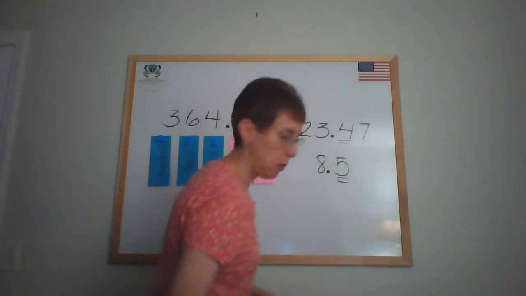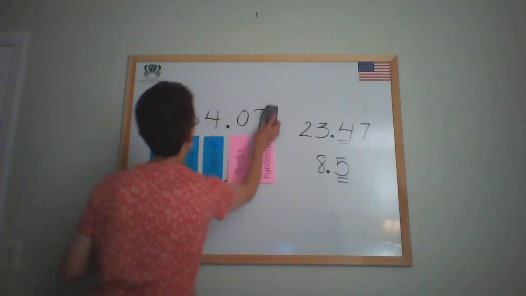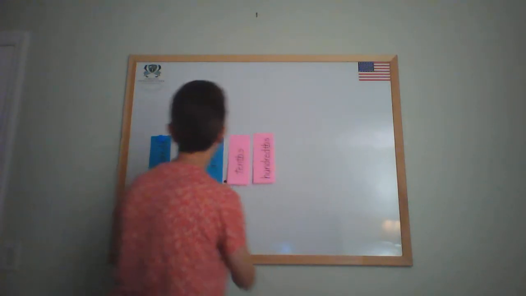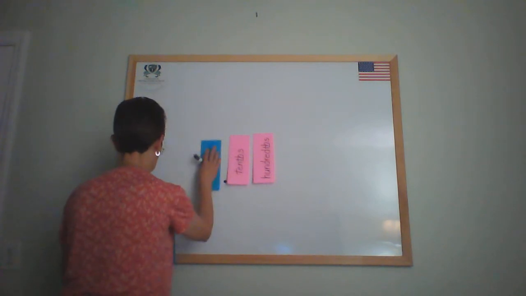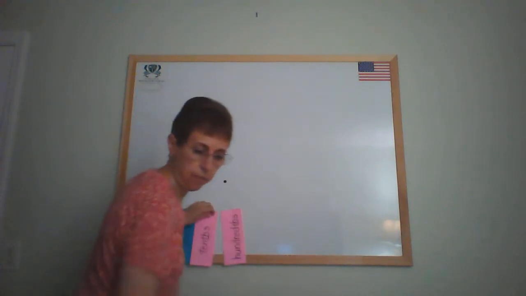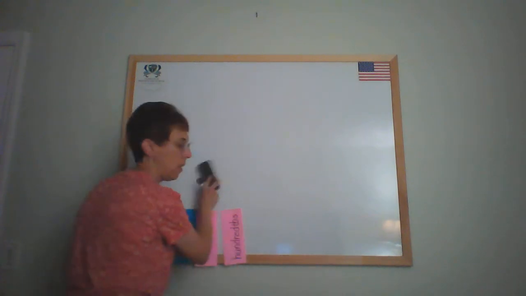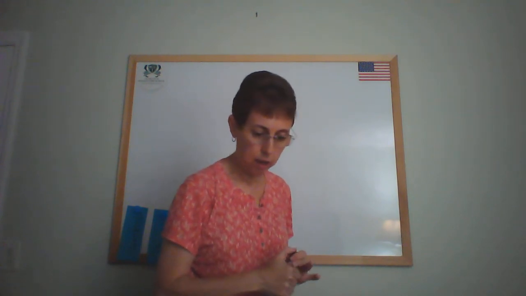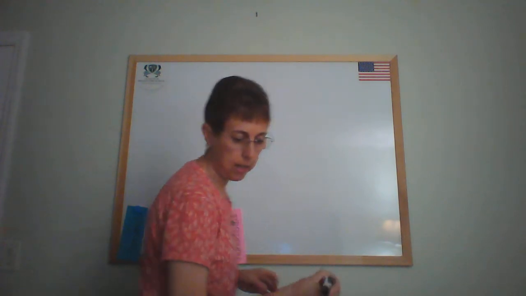Okay, let's go to practice. Just clear the board so we have some room to work. Okay, so part A of the practice asks you to name the place value of the 7 in each number.